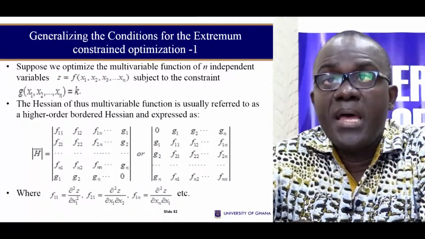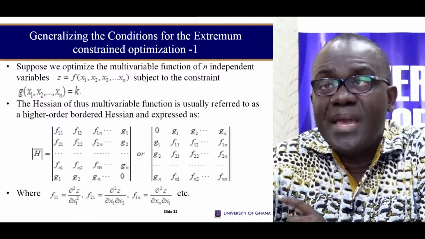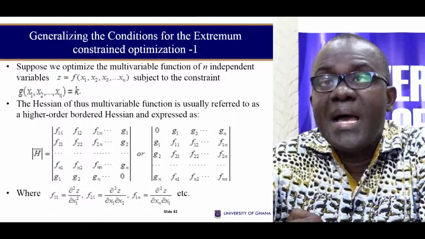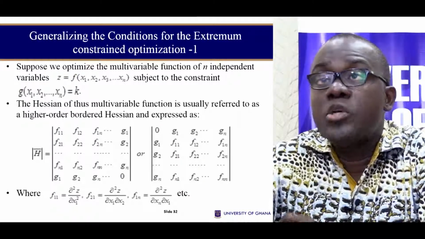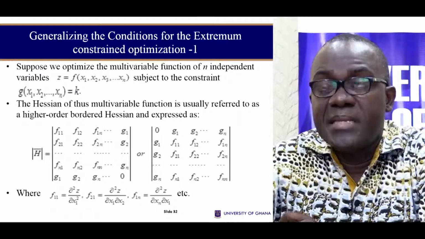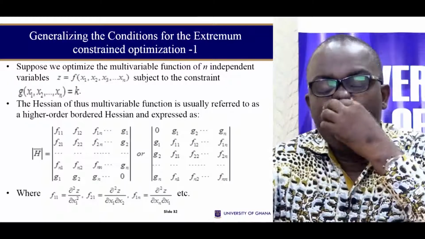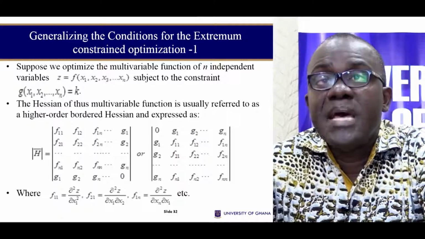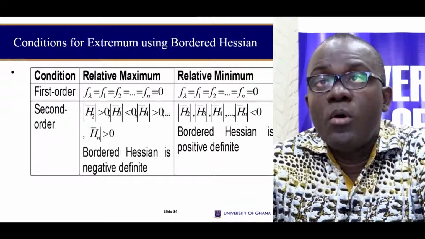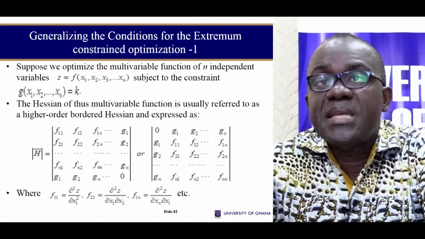Now, where is the value addition? With the help of the bordered Hessian determinant, you are able to find the minimum or the maximum of any constrained optimization, that is, an optimization with a certain constraint. What you need to do is form your bordered Hessian determinant.